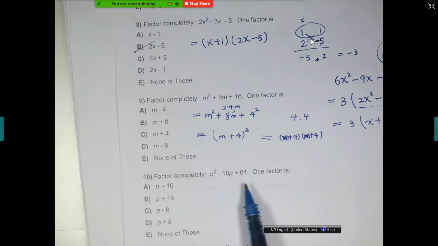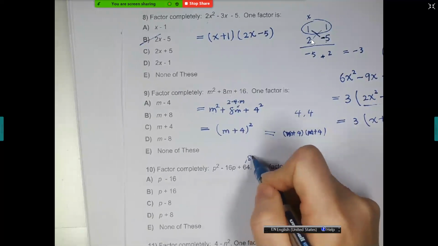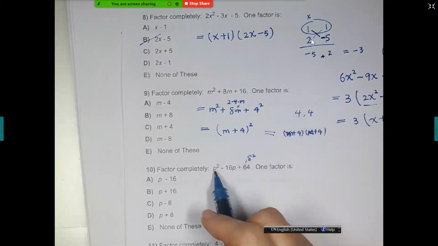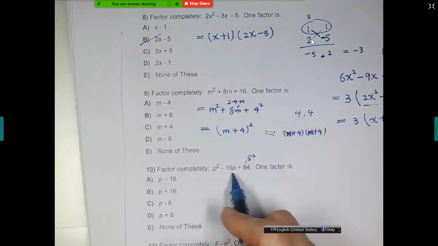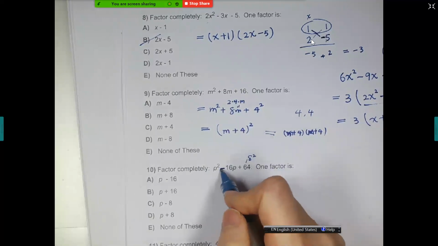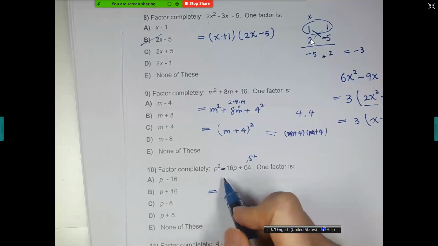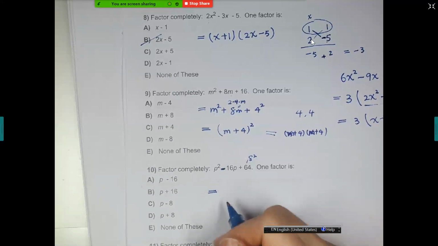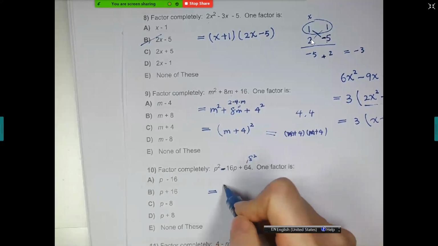And the next example is the same thing here. Because I have practiced so much, I will be able to recognize 16, that is 8 squared. So 8 and p, I get 8p. When I double 8p, I get 16p here. So that will be the double product term here. And because this is minus, when I write down this as a perfect square, the base should be p.